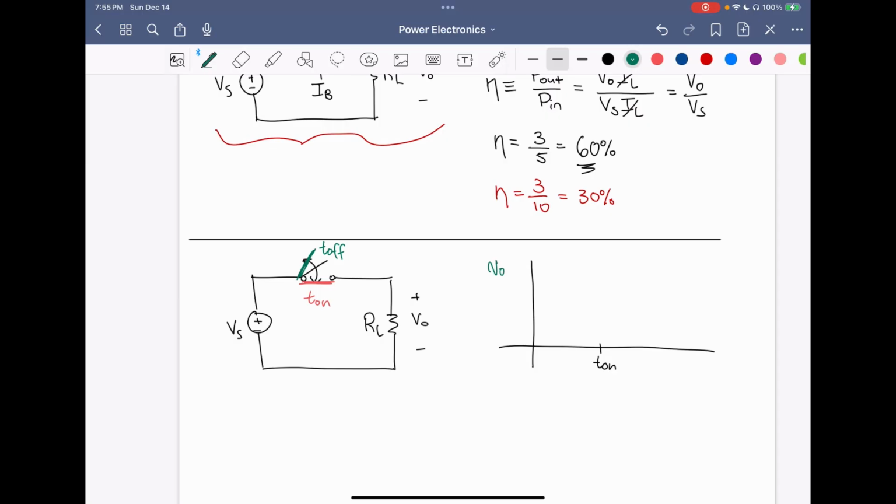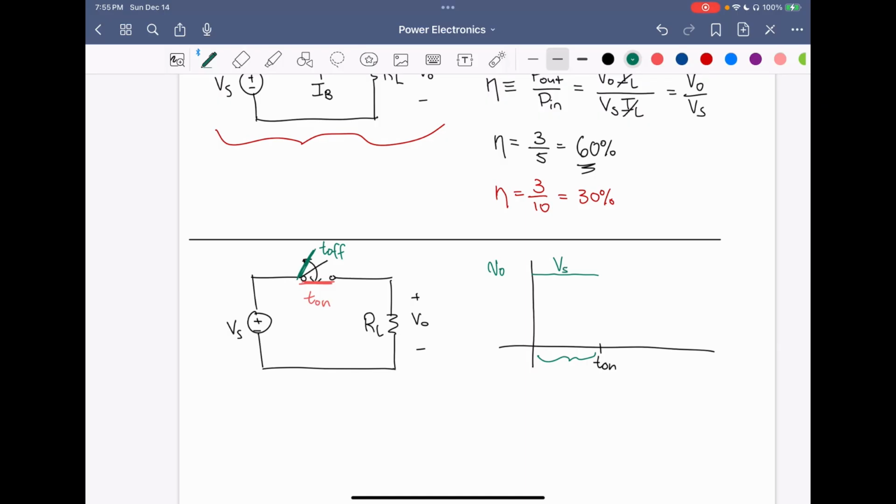The output voltage during this time interval is simply equal to Vs, because Vs is shorted to VO when the switch is on. So in this case, we have VO equals Vs.